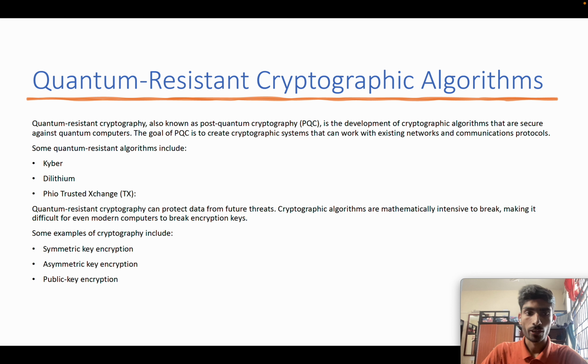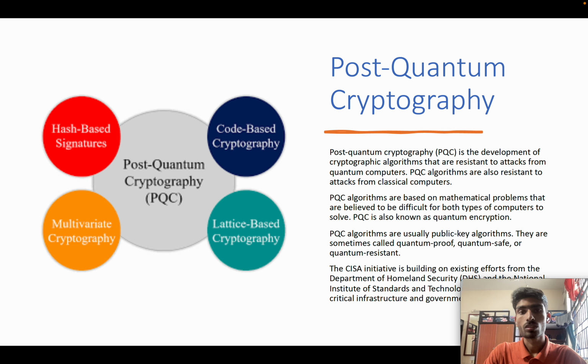We are securing it more, and as you can see, now we are using quantum algorithms, whereas before, in classical cryptography, we were using symmetric key encryption and public key encryption, which is highly vulnerable.